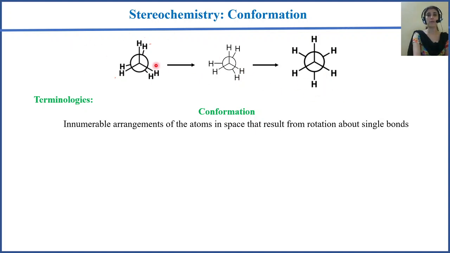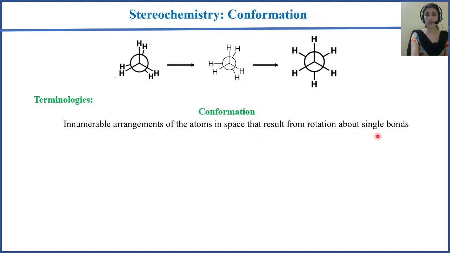A small rotation will generate new conformations, and this is a very simple example of ethane by which we can show that innumerable conformations are possible. So, conformations are innumerable arrangements of atoms in space that result from rotation about a single bond.